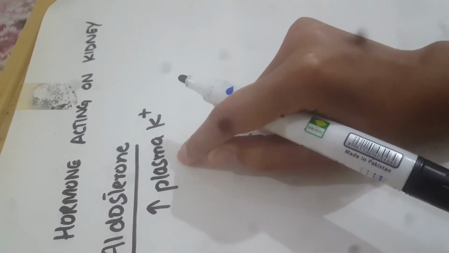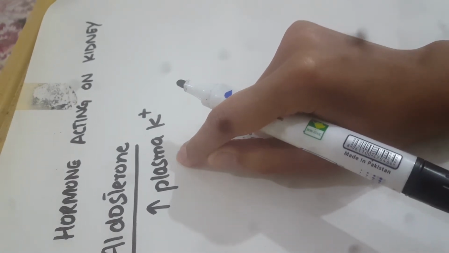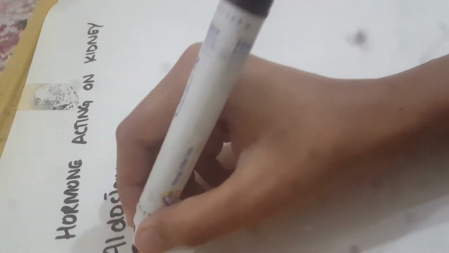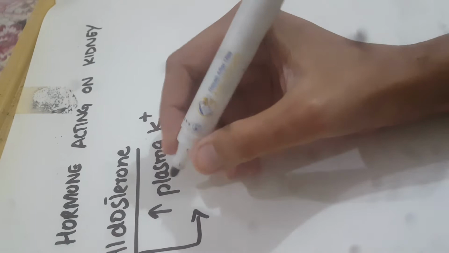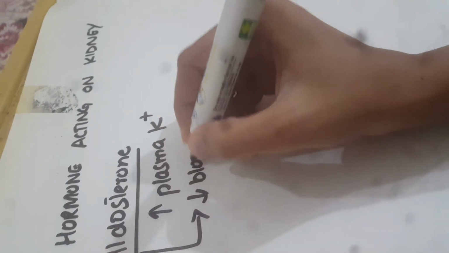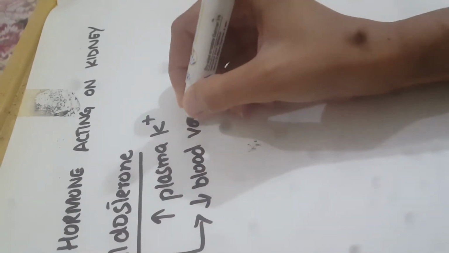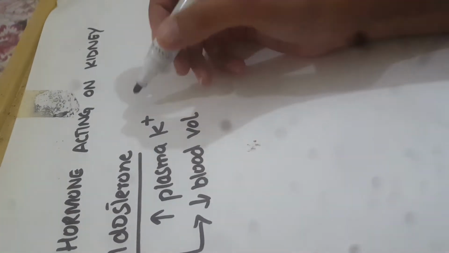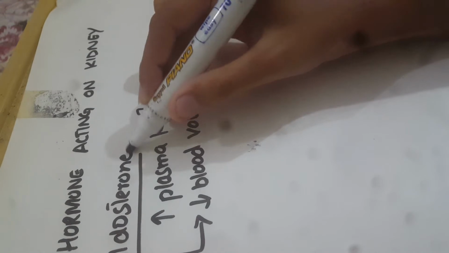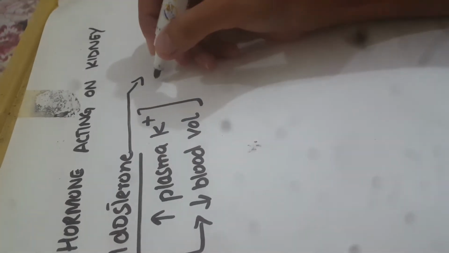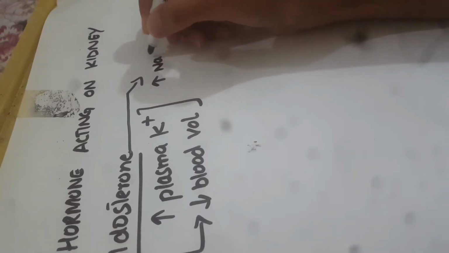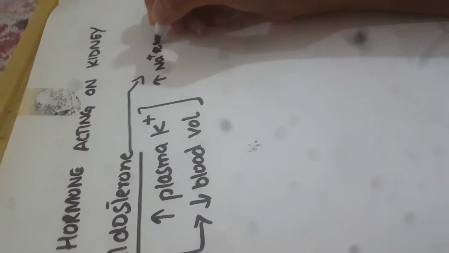So when there is an increased potassium concentration in the plasma, and in response to decreased blood volume, aldosterone is secreted, right? And aldosterone leads to increased sodium resorption.